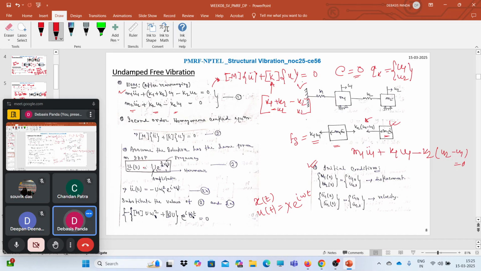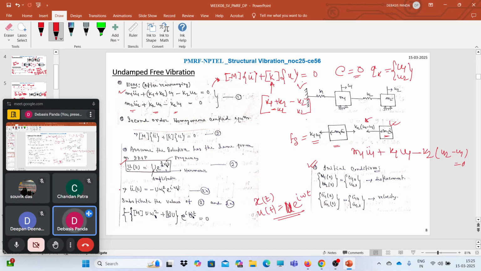So for this also we consider that the general solution will be of the form u(t) equals u, the amplitude, e to the power i omega t. Omega is the frequency of this harmonic, and u is nothing but the amplitude of this response.